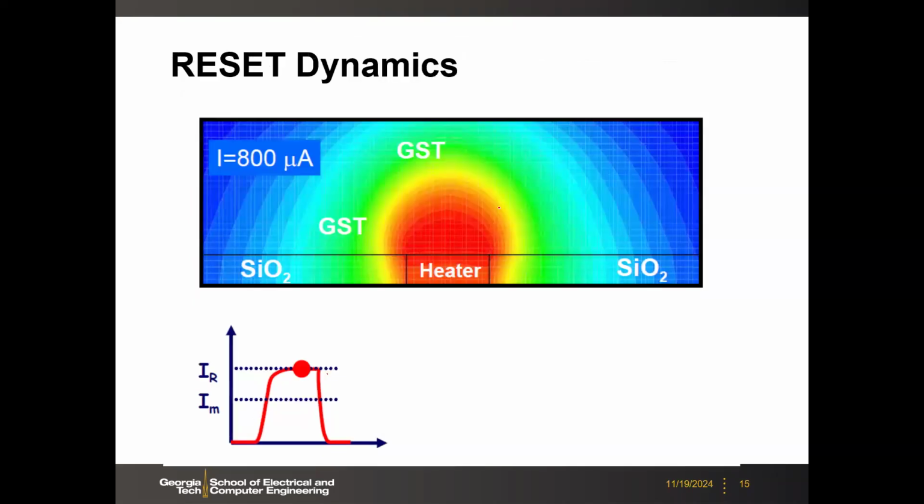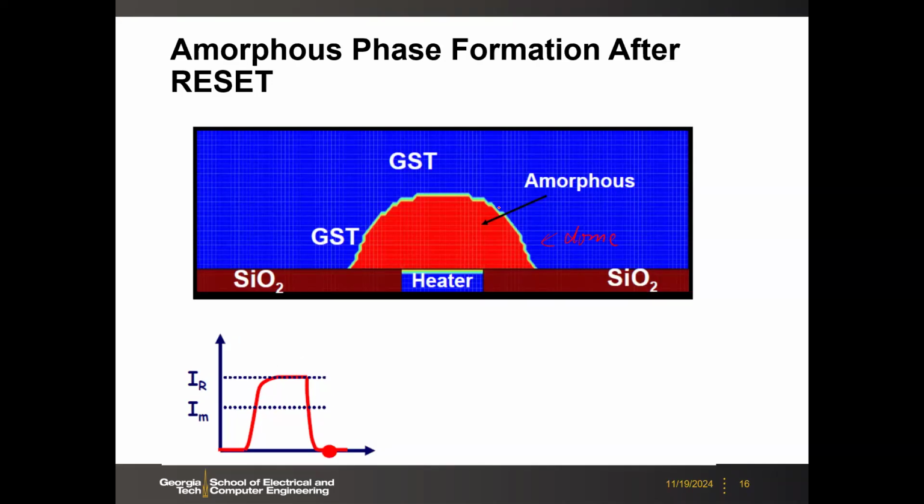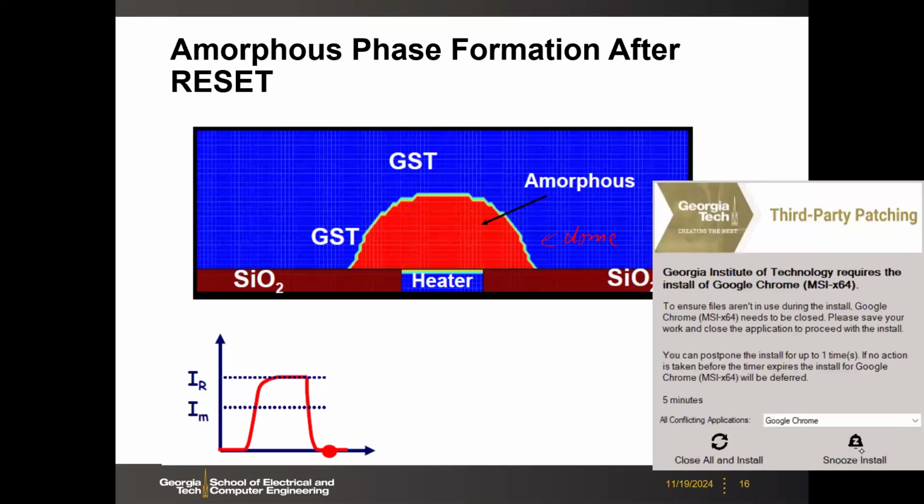Because the temperature, you know, will decrease, right, as you move away from the heater. So then only the regions near the heater will become amorphous. Okay. So then this is the transition from the crystalline to the amorphous state.